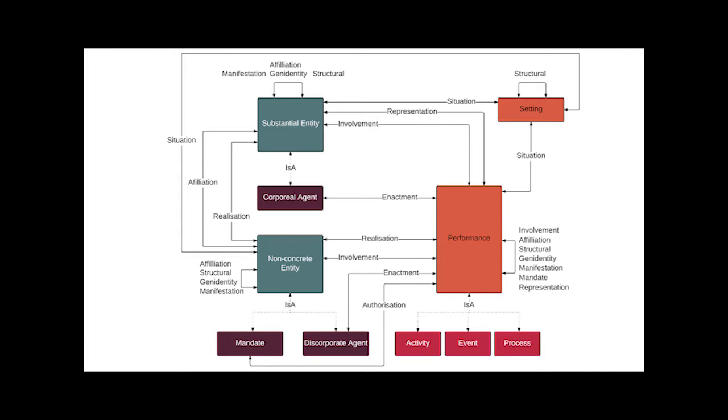Yeah. There's also a setting entity, which is a space-time thing, so that might be Brisbane, or it might be Brisbane in the 1920s, or some sort of context in which we may want to describe other things.